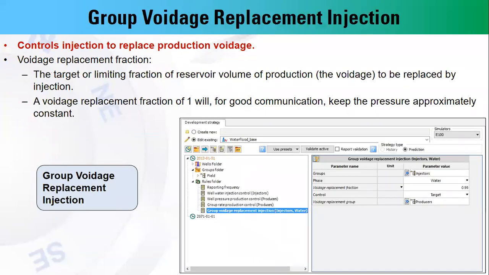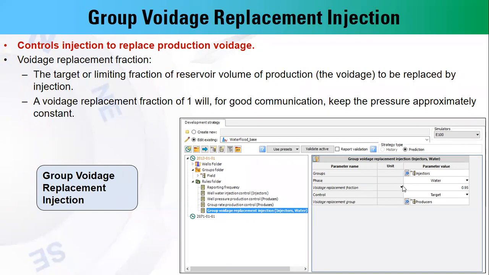And the last important rule is group voidage replacement injection. This rule, as its name implies, controls the injection to replace production voidage. It's simply the voidage replacement ratio.